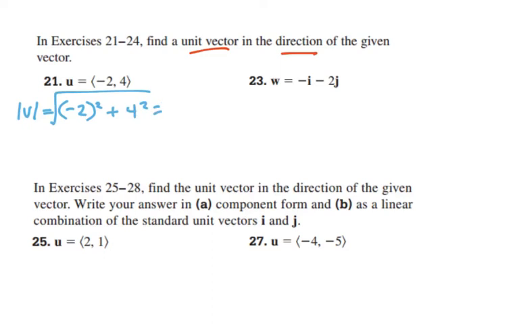And we're going to get the square root of 20, which means that the unit vector is going to be negative 2 over the square root of 20, and then 4 over the square root of 20.